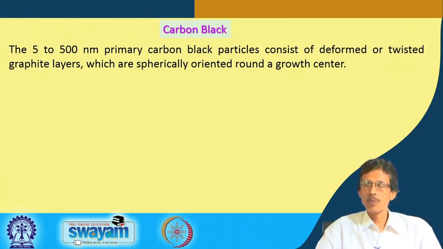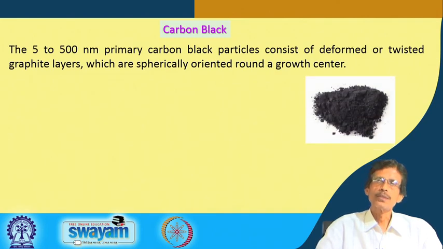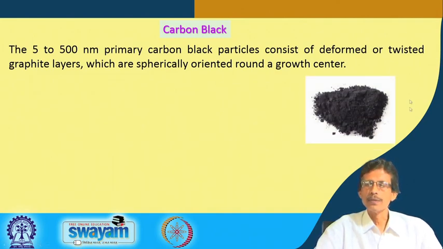So, that is the most important part, how you go for the deformed and twisted form of the graphite layer around a center or core or nucleating point, from which your carbon black is formed. So, this is the corresponding example that is very well known, everybody should know that.